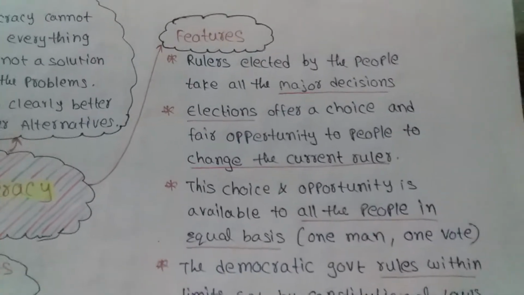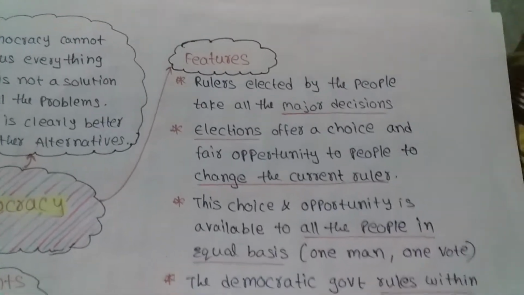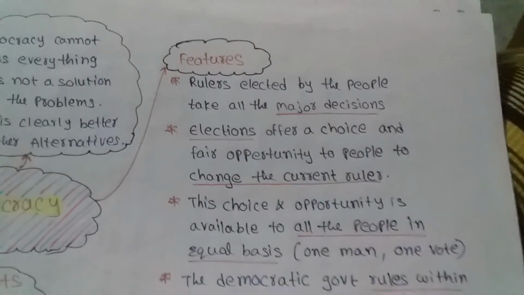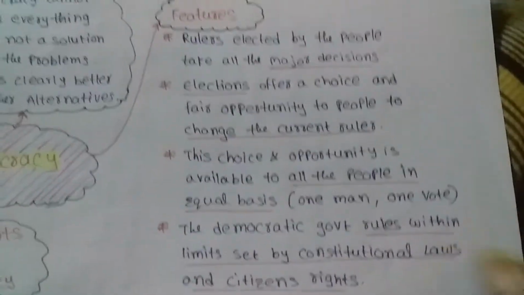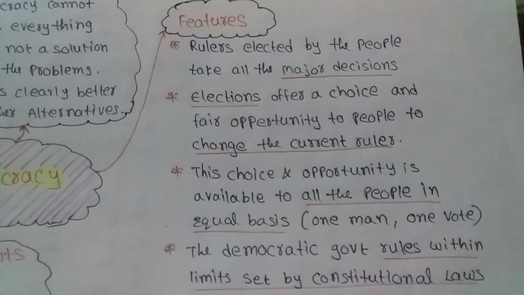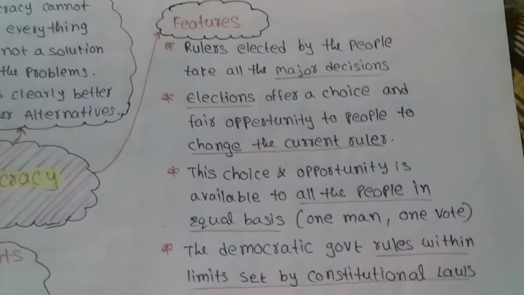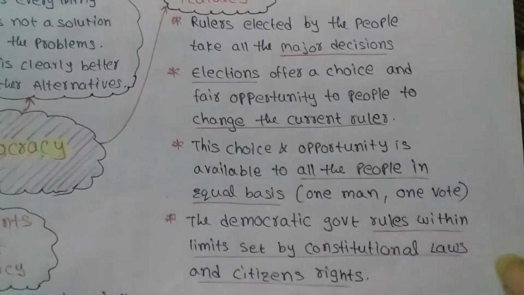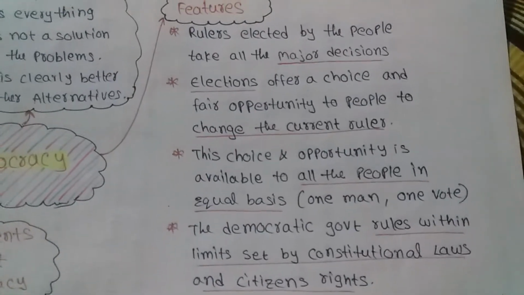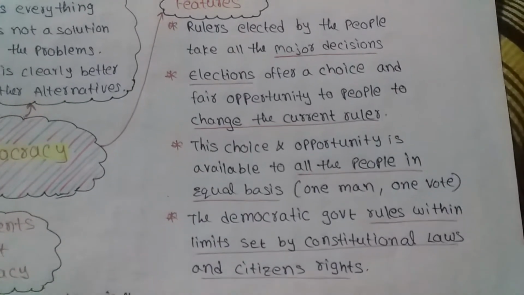If in one election people selected the wrong leader, then they have the opportunity to reselect the correct one next time, right? So they have the fair opportunity, and this choice and opportunity is available to all the people on an equal basis, one man one vote.